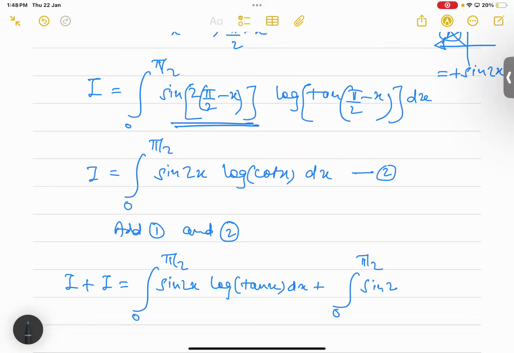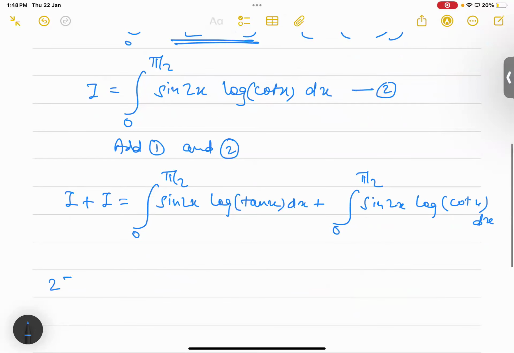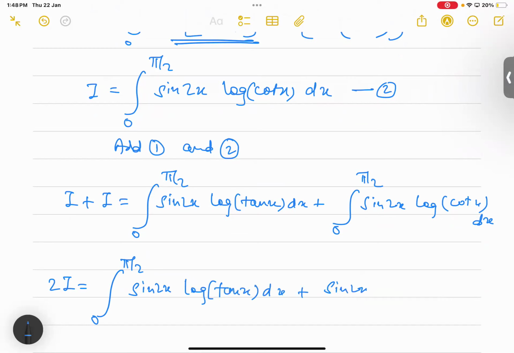And then I'll merge the integrals. Why should I merge the integrals? Same limits and denominator is same. Ideally, there is no denominator. It's 1. So we are having the same limits.